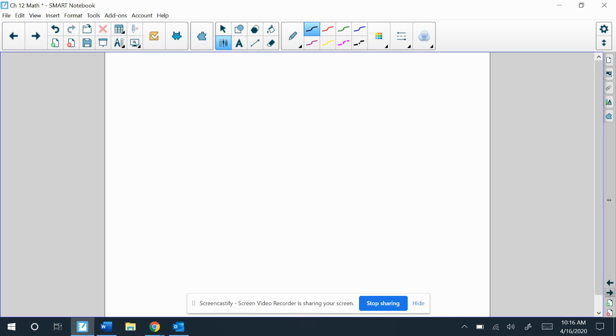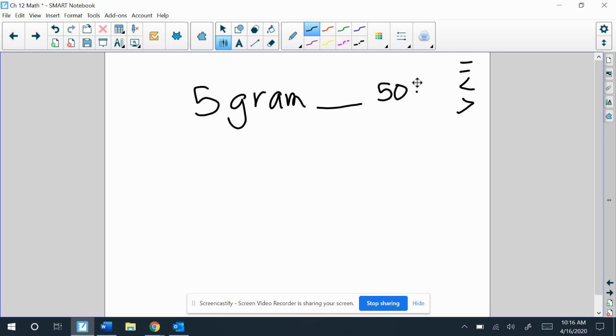I hope this will help you with the metric system. Please don't forget that if you compare metric units, you are going to rewrite them. So let's compare real quick so that you can take the quiz. If I have 5 grams, I want to know, is it equal to, less than, or greater than 50 centigrams? Well, if I'm going from grams to centigrams, I know that I need my saying.